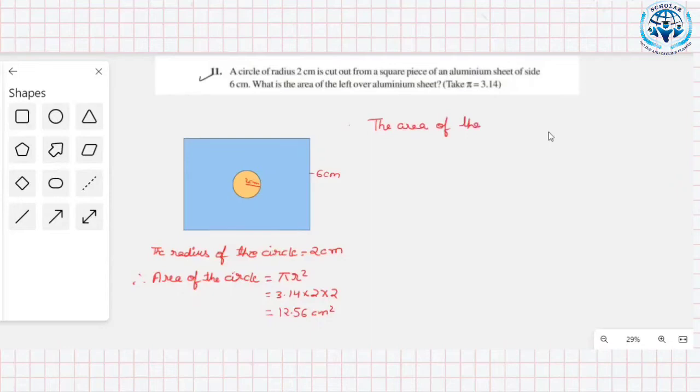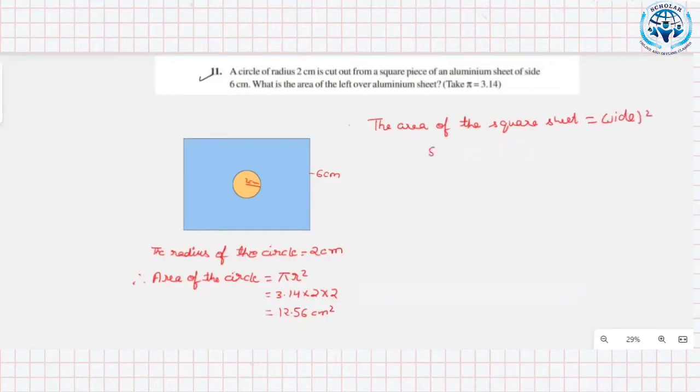Now the area of the aluminium sheet, side is given 6 centimeter, the area will be side square is equal to 6 square is equal to 36 centimeter square.